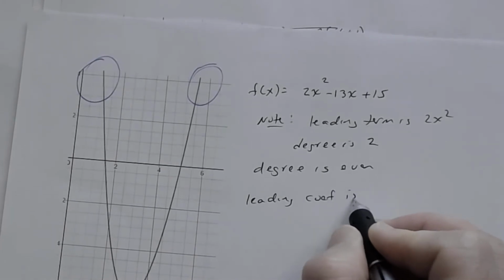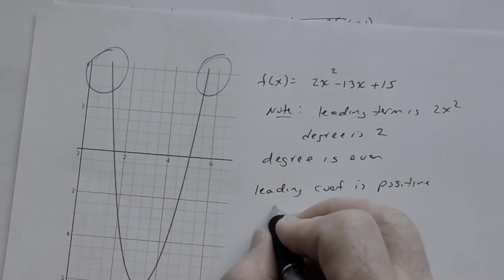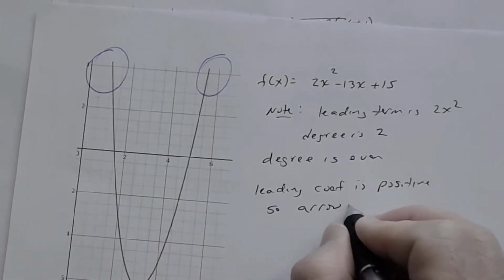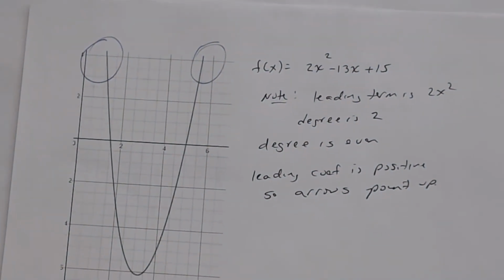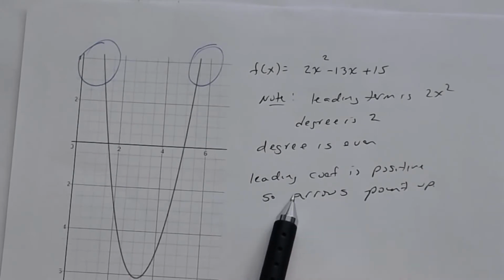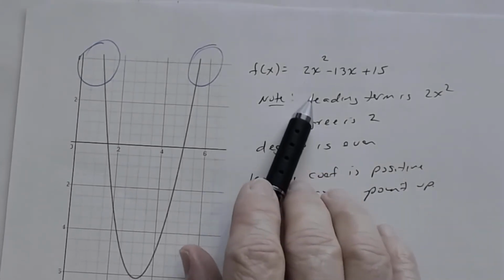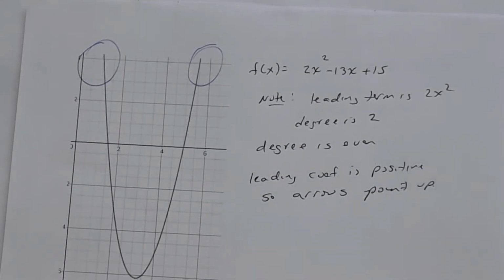The leading coefficient is positive, so the arrows point up. So if the degree is even and the leading coefficient is positive, in this case 2, the arrows point up.